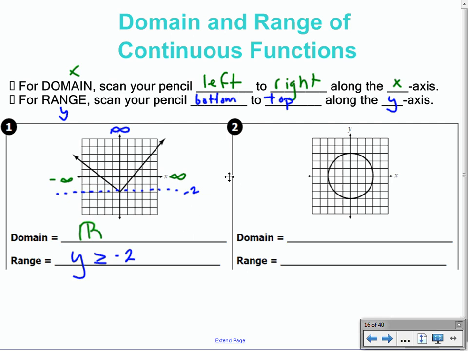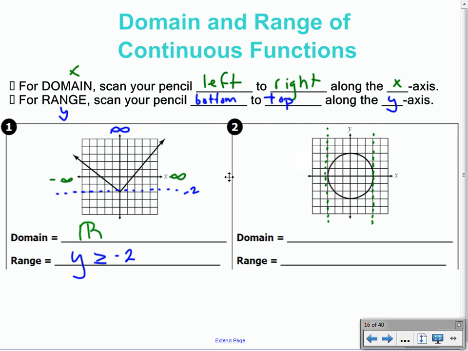For number 2, if we don't have any arrows, this is a circle. This isn't even a function because it would fail the vertical line test. But it's a relation, and we could still find the domain and range. So this one, since there's no arrows, it actually has a leftmost and a rightmost value. So here's the left boundary, here's the right boundary.